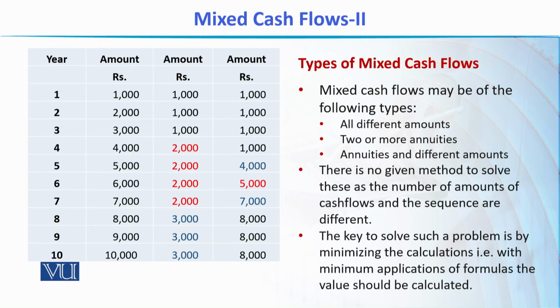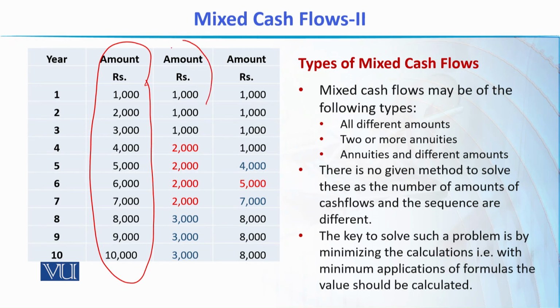Let's have a look at this table. If we look at the first column, we see that all the amounts are single individual amounts and all the amounts are different. If we look at the second column, we see that here we have got entities.